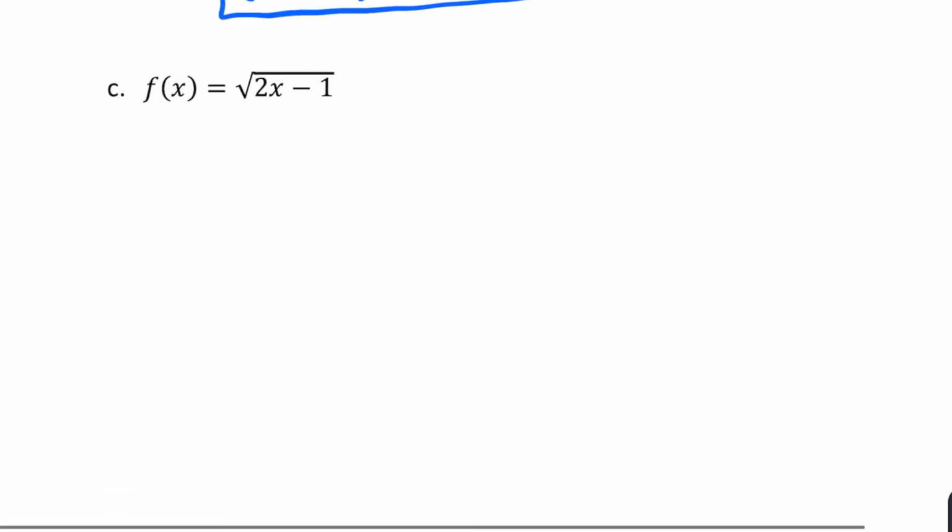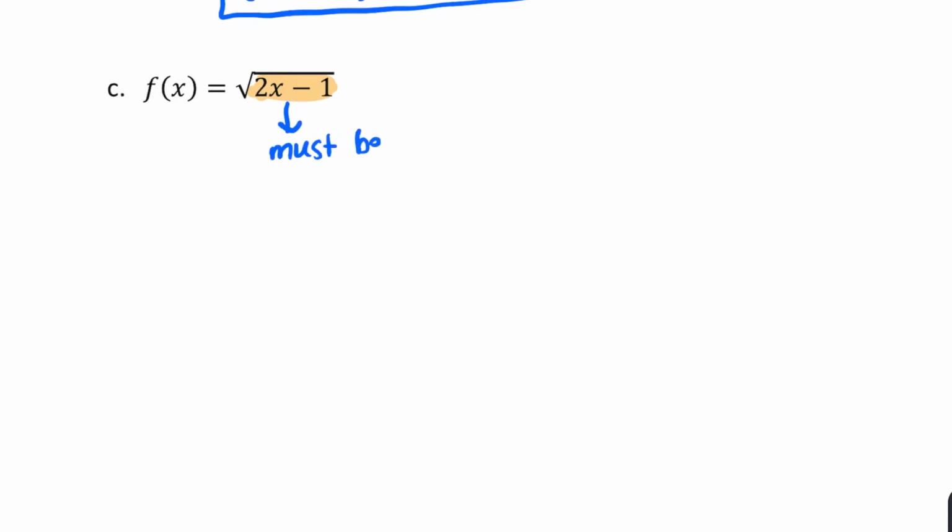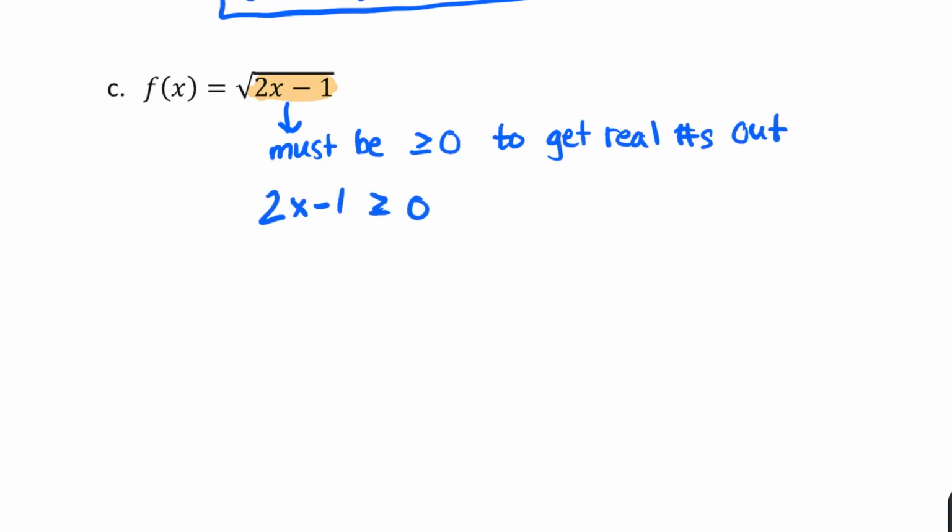Now we have a square root involved, so if I'm going to only get real numbers out, that means the inside of my radical has to be greater than or equal to 0. So if you write yourself an inequality and solve it, what makes 2x minus 1 greater than or equal to 0? Those are the x values that will give you real numbers out.